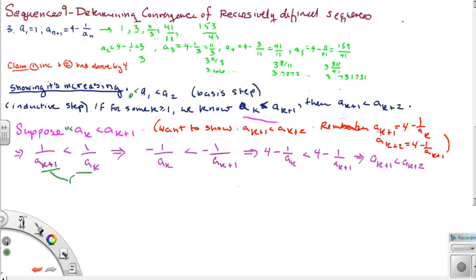Then we want to show this is true and this is bigger than 0. Well, the bigger than 0 part comes automatically because it's bigger than ak, which is bigger than 0. So that part's simple, and now we can assume these are both positive as well, and we get this. Okay, so in other words, what we know is that this is an increasing sequence. In fact, it's a strictly increasing sequence.